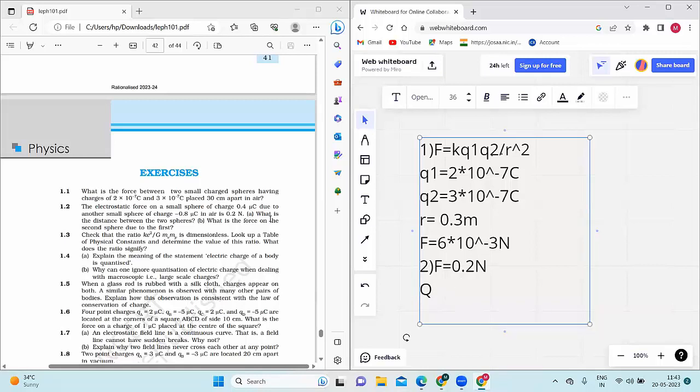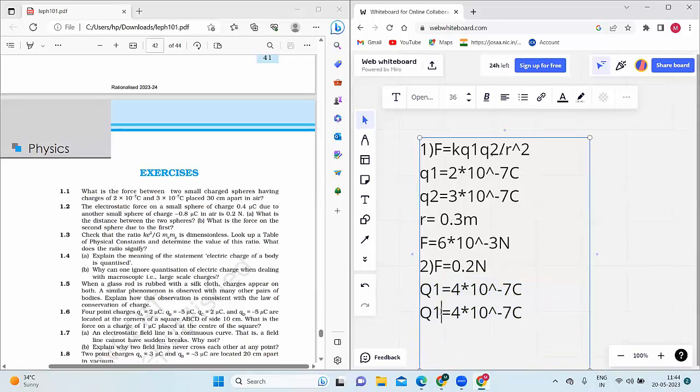So Q1 is 4 into 10 power minus 7 coulomb, and Q2 is minus 0.8 microcoulomb.